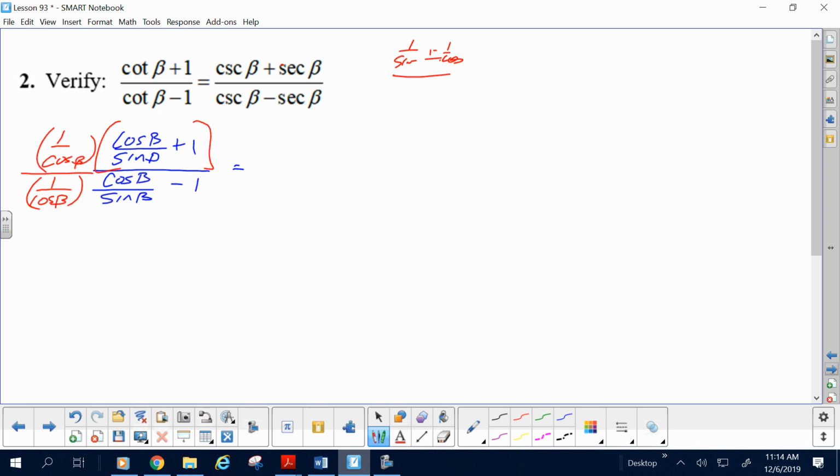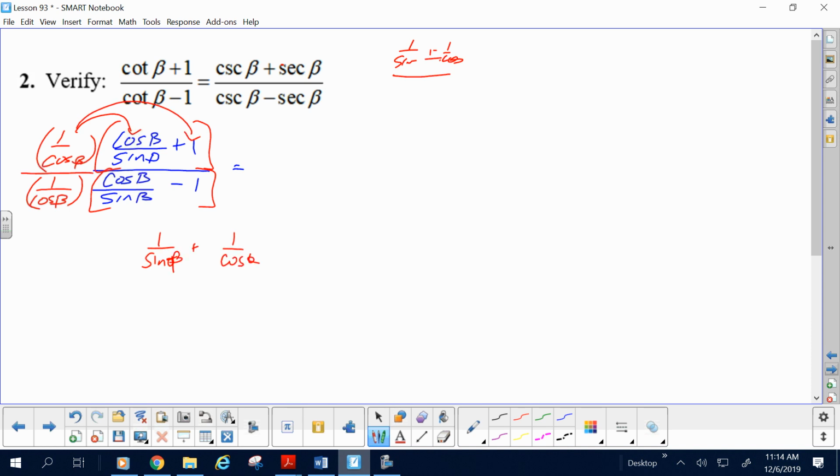Now, when I say multiply, it's not just the first thing times 1 over cosine, it's the whole thing. You have to distribute. But then the cosines just cancel. Not only here, but not there, right? Okay, so when you multiply it there, what happens? And you get 1 over sine. And then when you multiply it there, you get 1 over cosine.